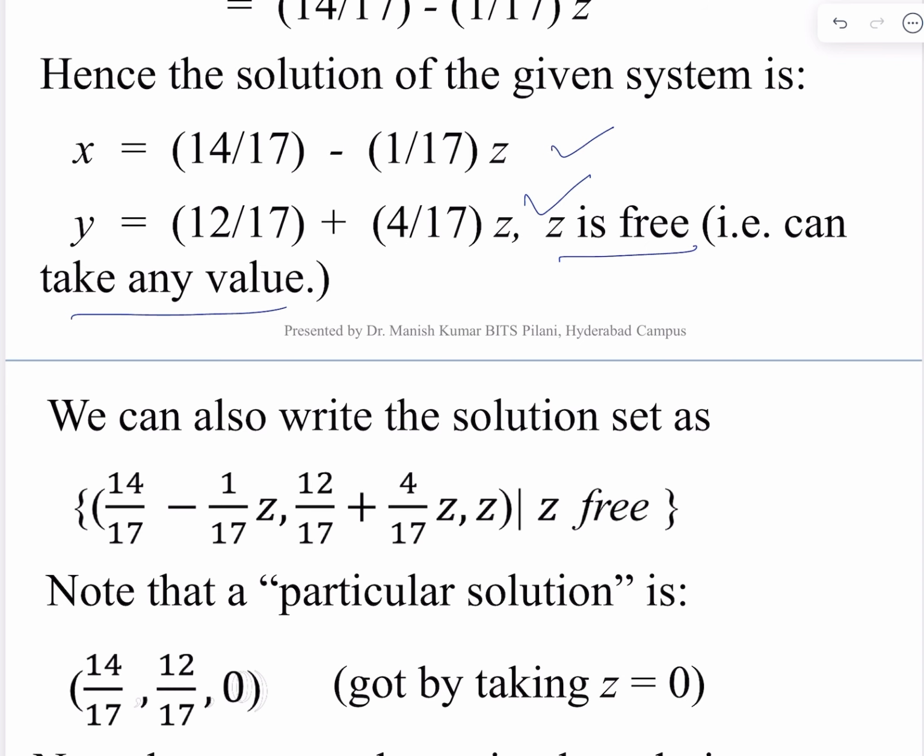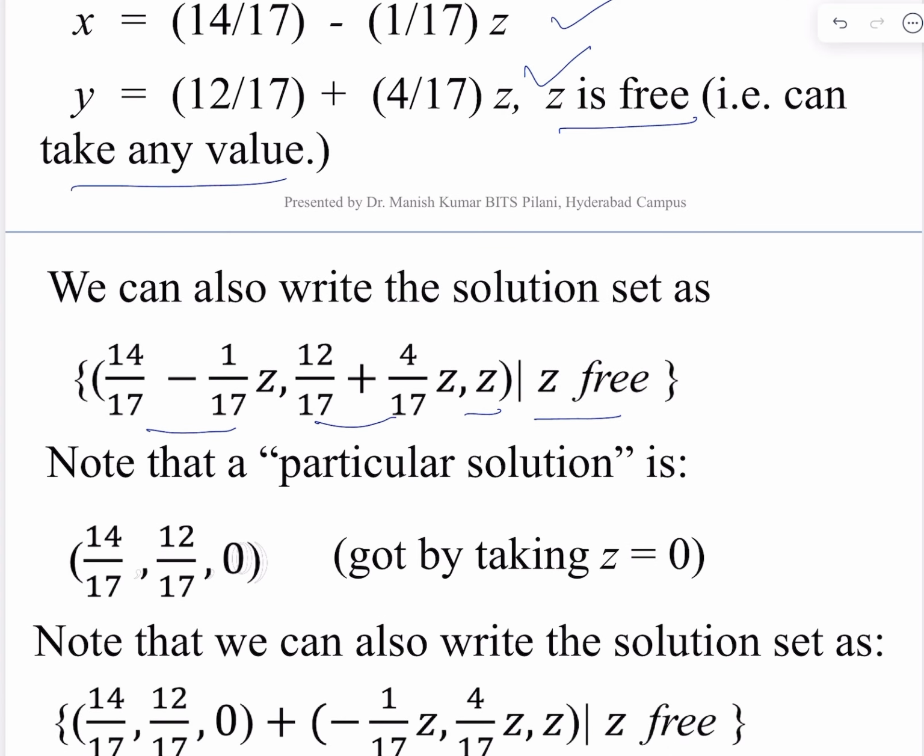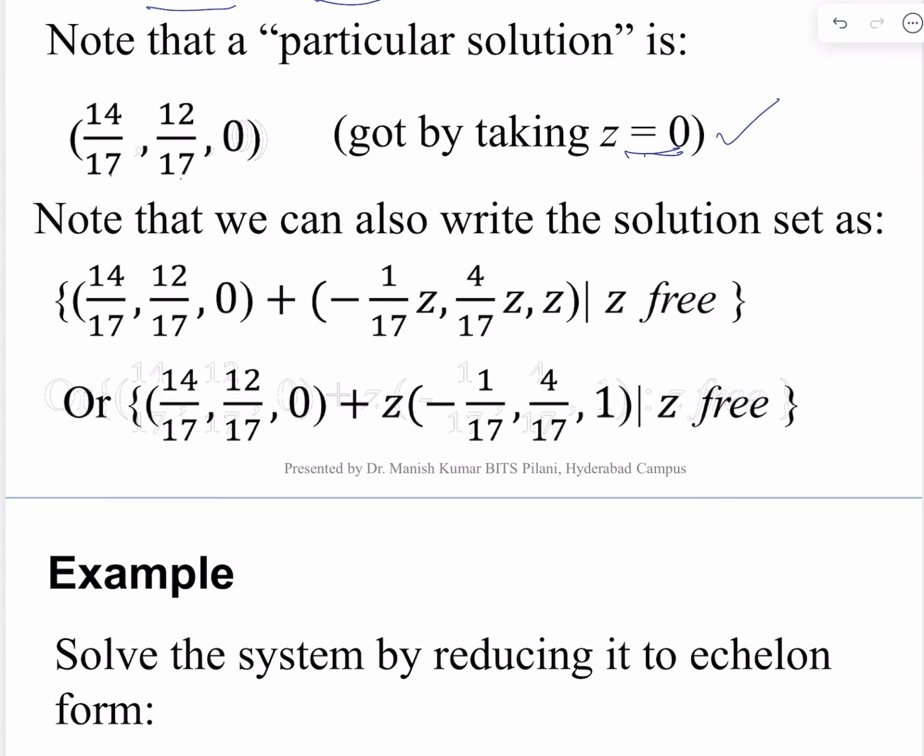So now you choose any z value and plug it in. This is the general solution. And now if you choose a particular solution, let's say z equal to 0, you plug in 0. So 14 by 17, 12 by 17 and 0 is one solution. You can also find as many solutions as you want.